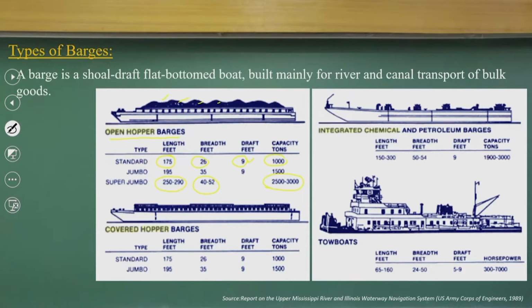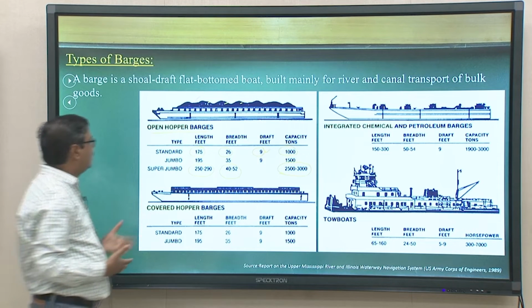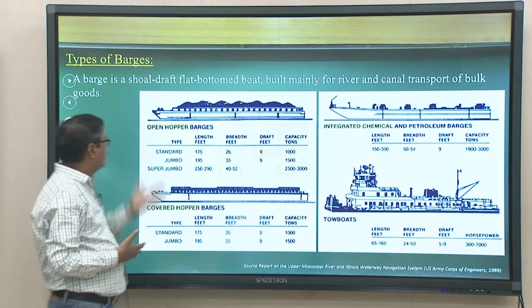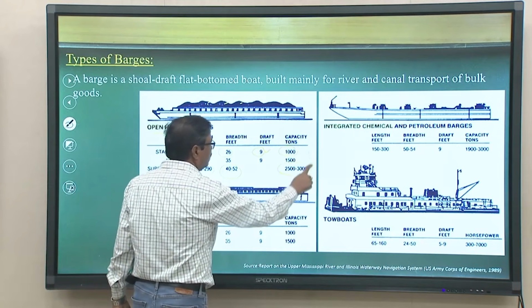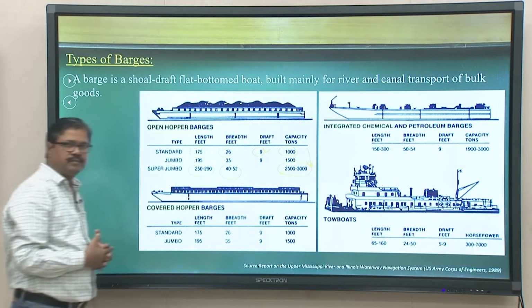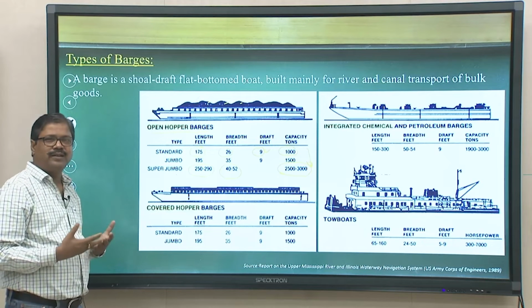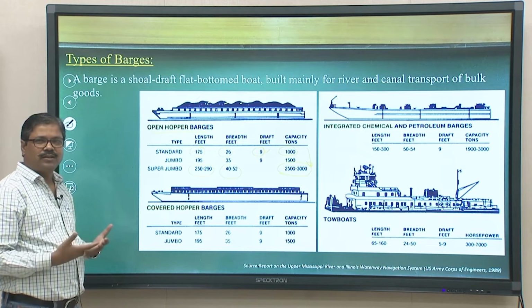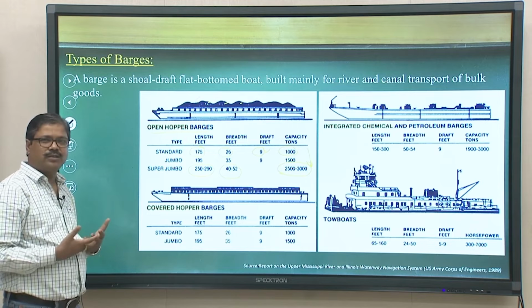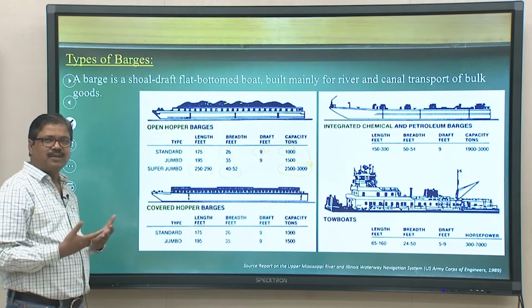So, you can compare with a particular truck, which carries about 6 to 12 tons. So, you can compute how much goods we can carry in an open hopper barge, from 1000 to 3000 tons. And as you know, it is more fuel efficient, with no environmental pollution, okay.